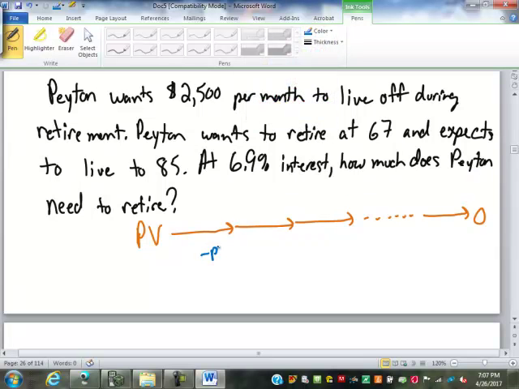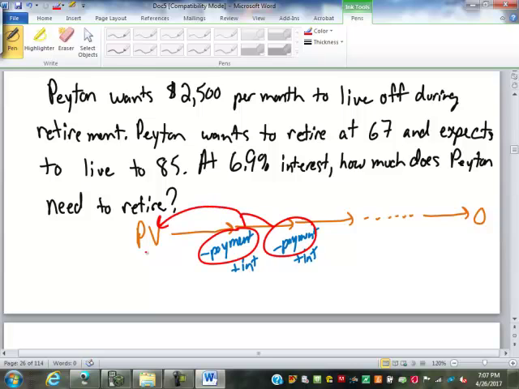We're taking out that payment every month or every period. And of course, we're adding in the interest. This time we know the amount of the payment that is needed, and we're trying to find that present value.